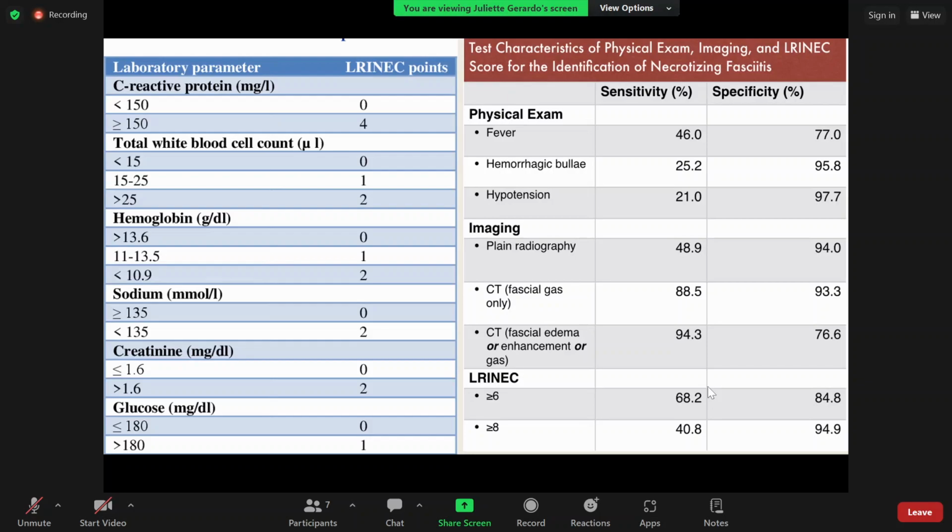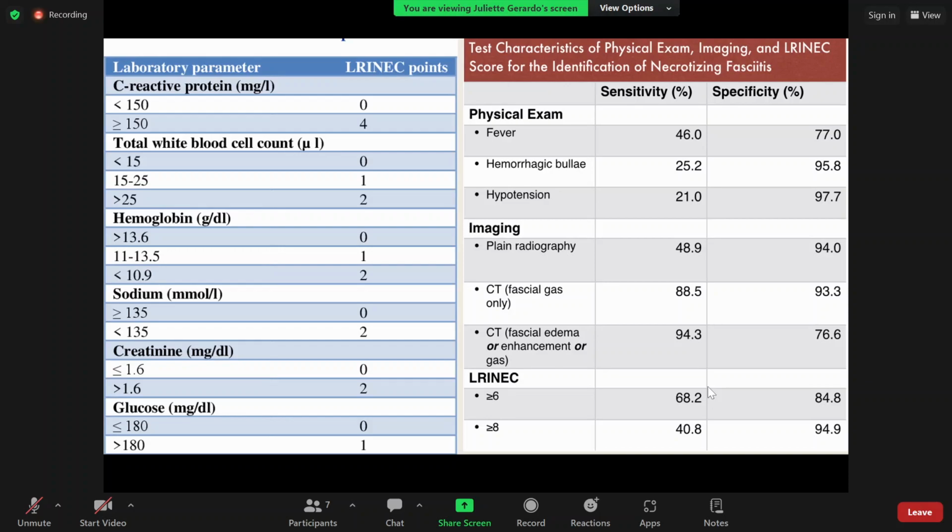So it's fairly specific, but not always sensitive. You have to have that clinical suspicion, because as we talked about, the LRINEC score focuses a lot on your laboratory tests, which can be deranged for multiple different etiologies of anybody who is also in septic shock.